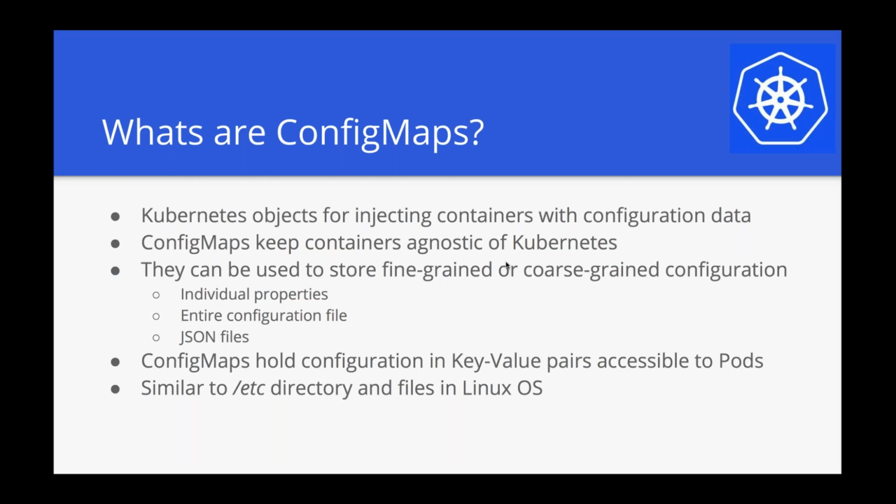So config maps can be used to store fine-grained or coarse-grained configuration. For example, you can pass individual properties, which are just like key value pairs, or you could also take a complete configuration file, templatize that, and pass that to your application. Typical examples include my.cnf, which is a MySQL configuration file, or a php.ini, which contains a lot of configuration settings for PHP, and Apache configuration files or Nginx configuration files.